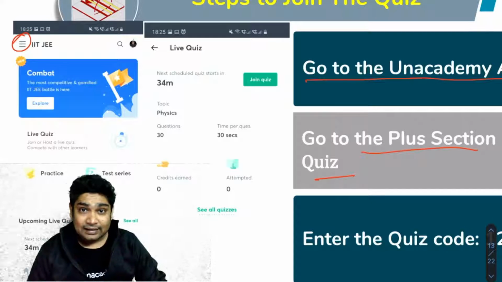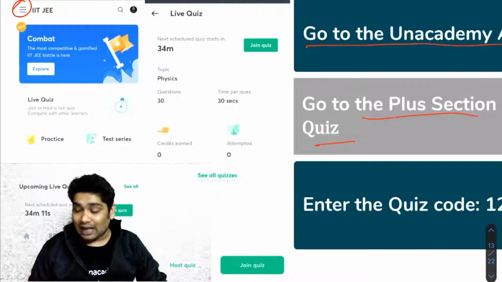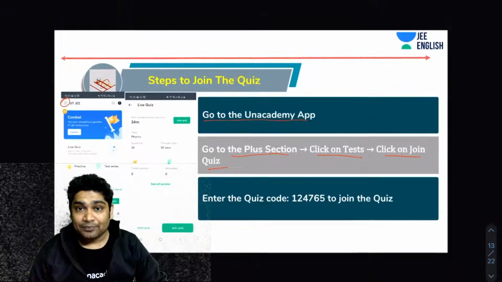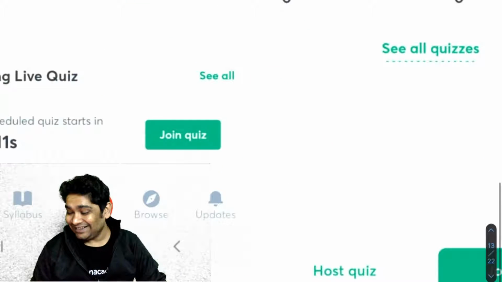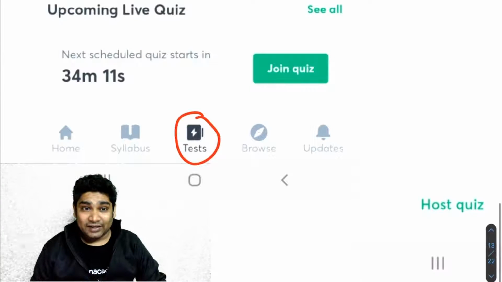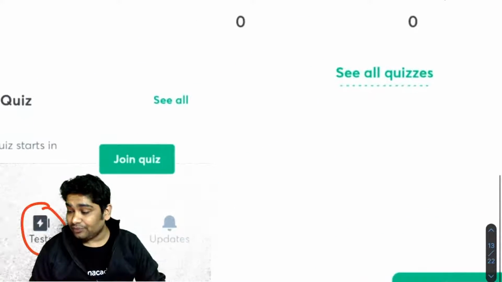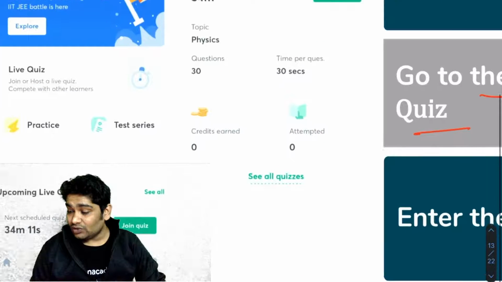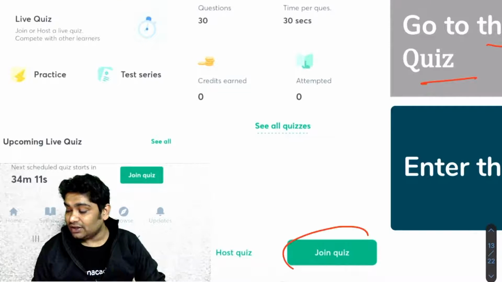Click on that. Then you are redirected to this page where you will see a test tab down at the bottom. Let's see if I can make it visible. Here at the bottom, click on this test. The moment you do that, you will find this option which will say join quiz. Now you click on join quiz here.